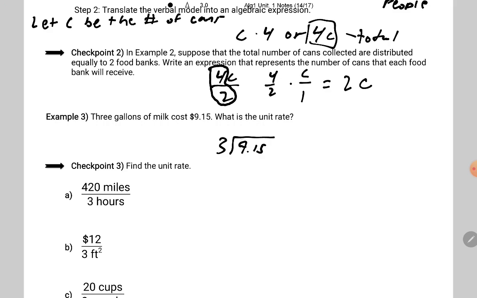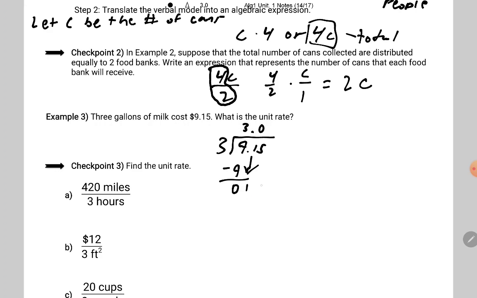So 3 goes into 9 3 times. 3 times 3 is 9, so we drop that. That becomes 0. We go down 1. 3 goes into 1 0 times. Make sure you keep the decimal point where it is.